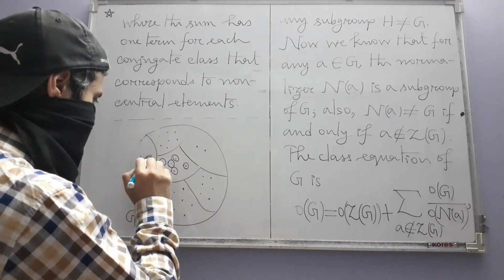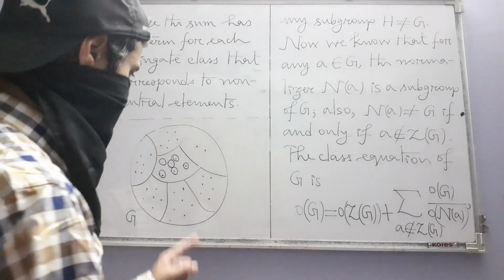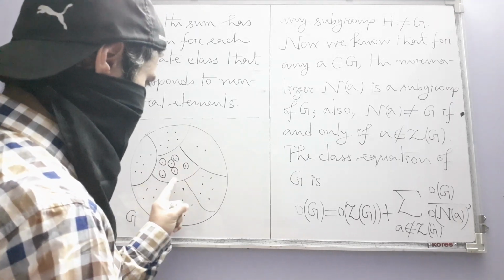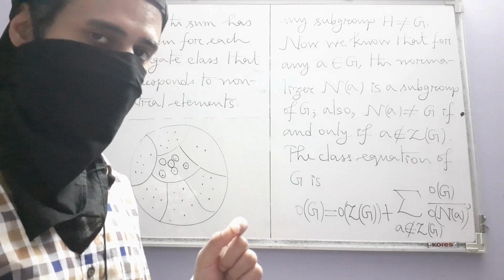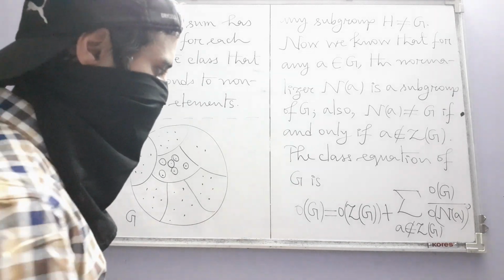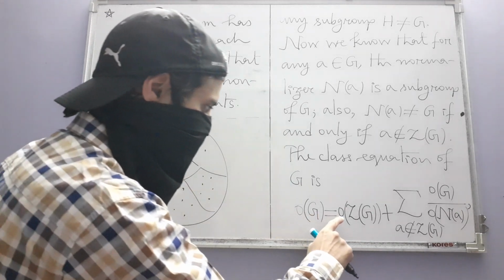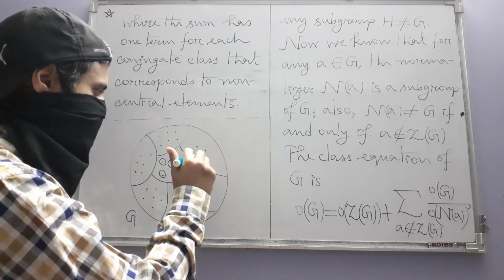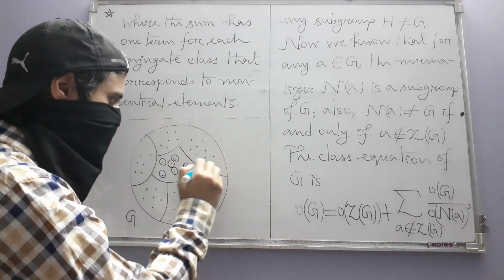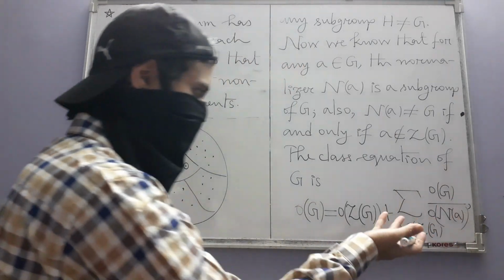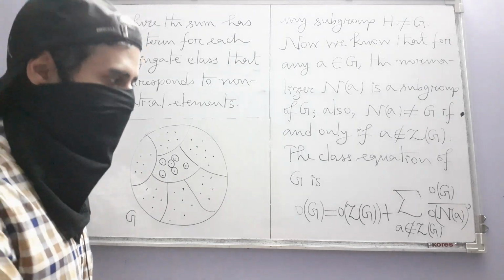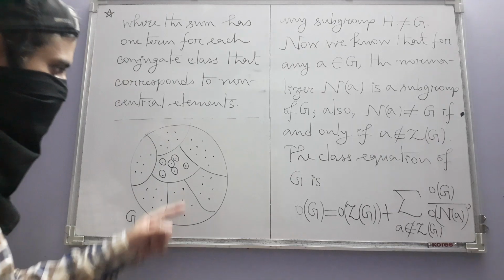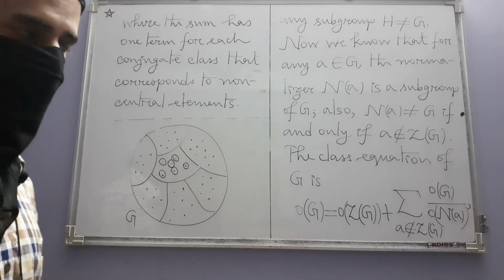Which is why when we write the class equation, we add as many ones as we have central elements in the group. So that gives us this order of the center, and the other conjugate classes have their own sizes, which come as they usually do in the original class equation, but they correspond to these non-central conjugate classes.